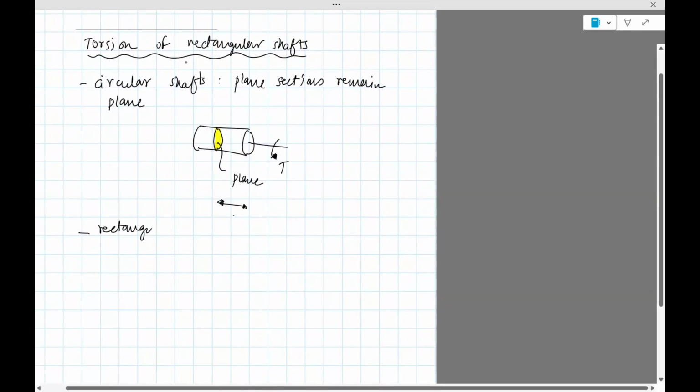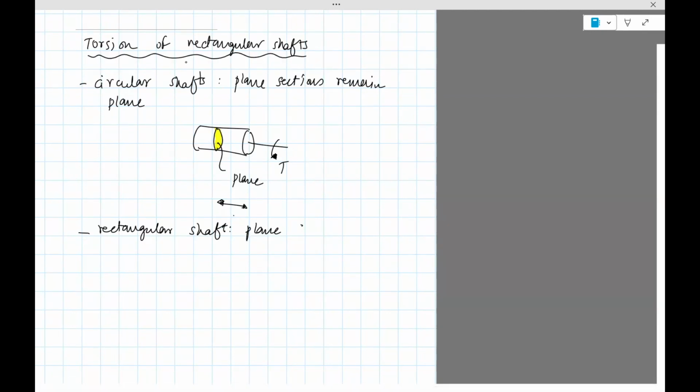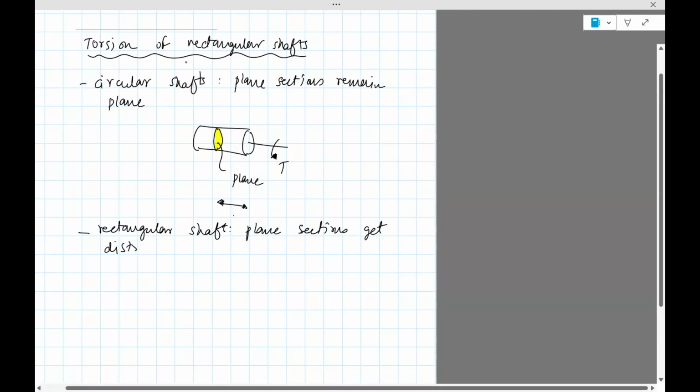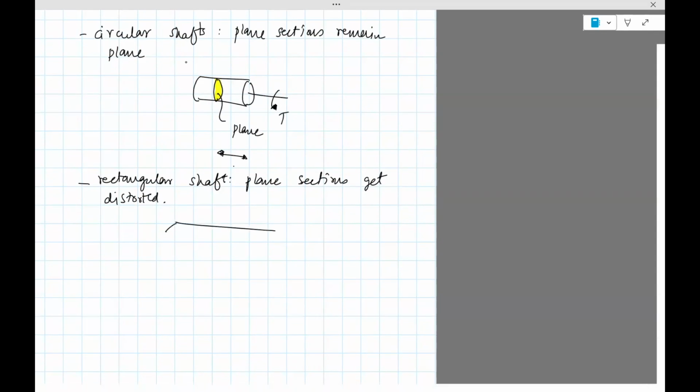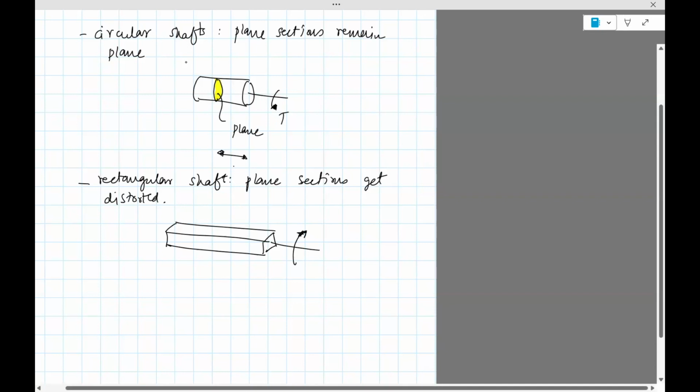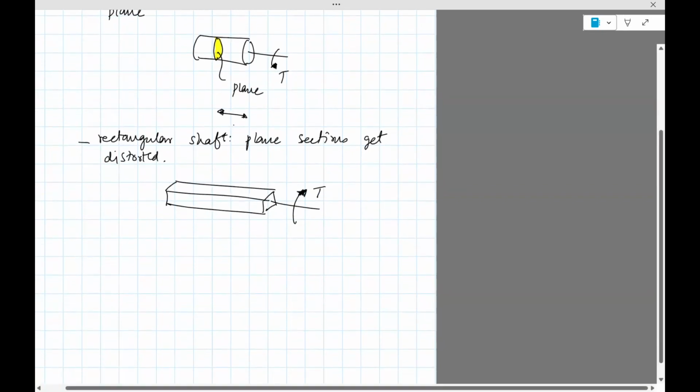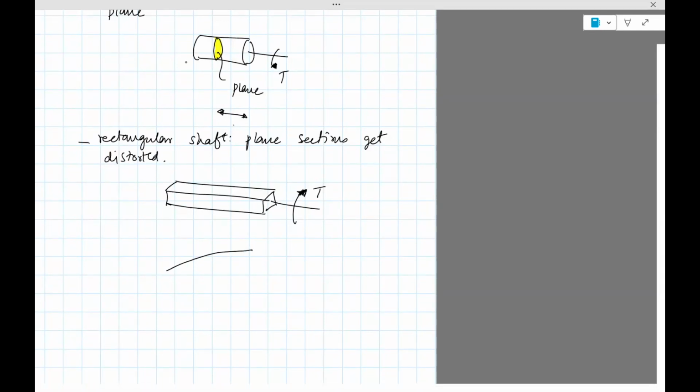So for a rectangular shaft, plane sections get distorted. And this is really hard to draw sometimes. So if you have a shaft like this, a rectangular shaft, and you subject it to a torque like so, what will happen is, let me try to draw this.